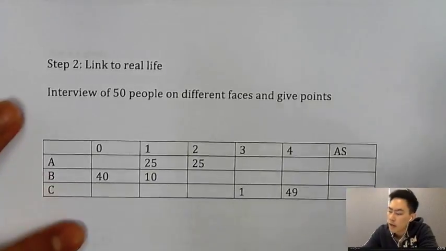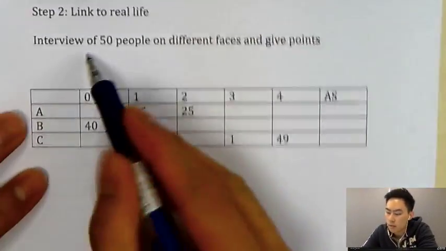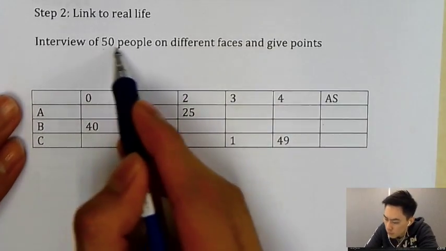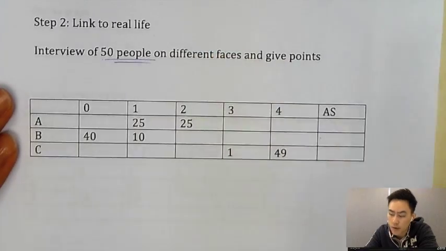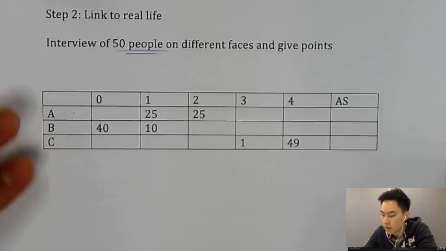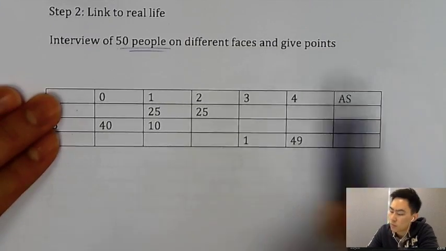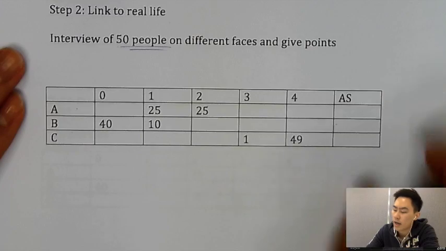And then I want to link to real life. So how can I link this data? After my calculation, I want to link this data to real life. So I interview 50 people for comments on different faces and give points. Let's say we have A, B, C different faces right now. The points would be from 0 to 4. I asked 50 people.